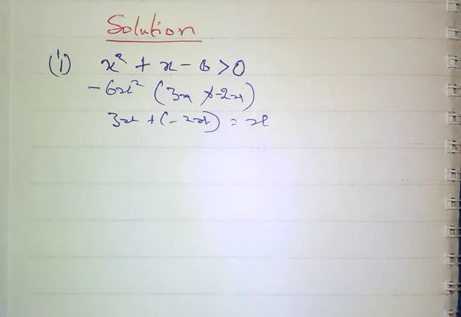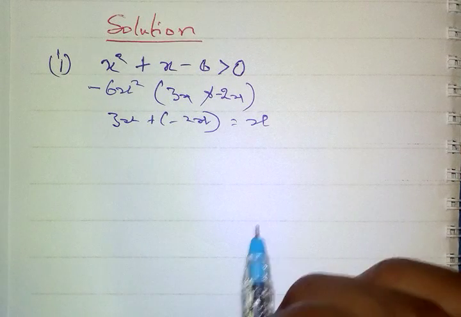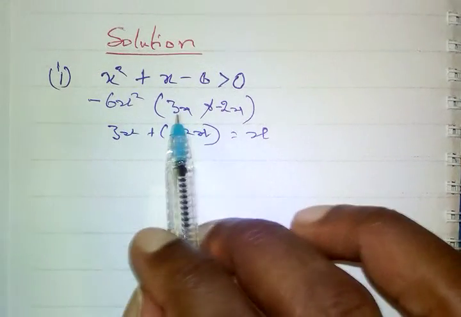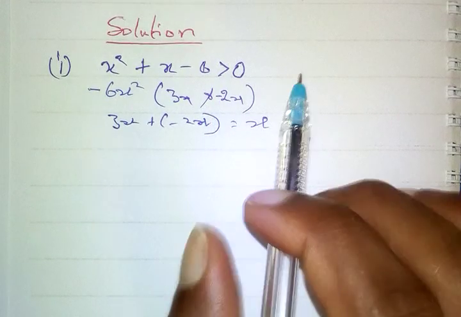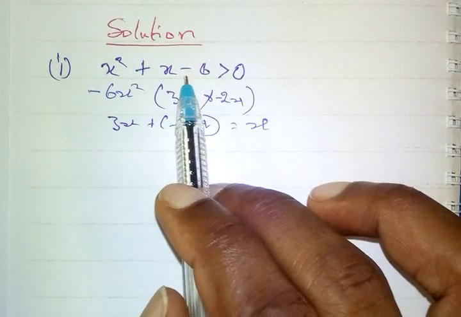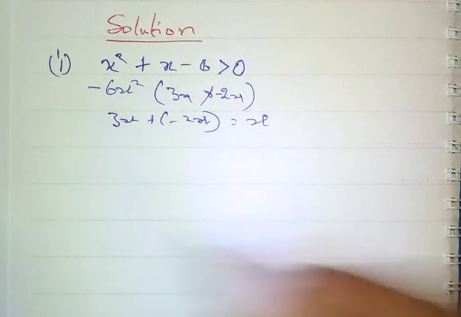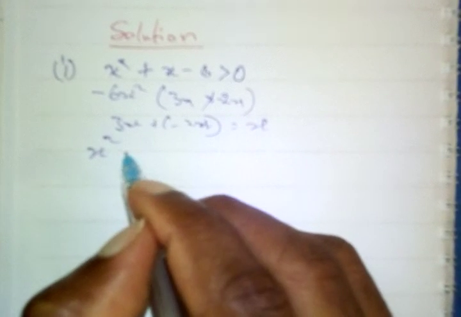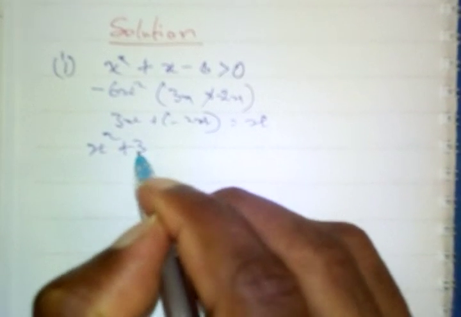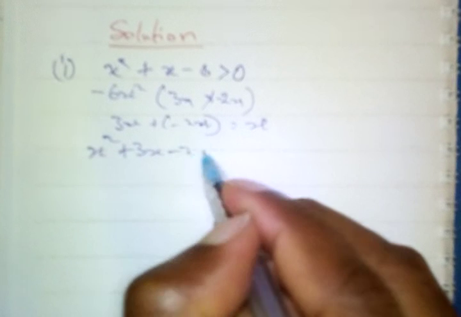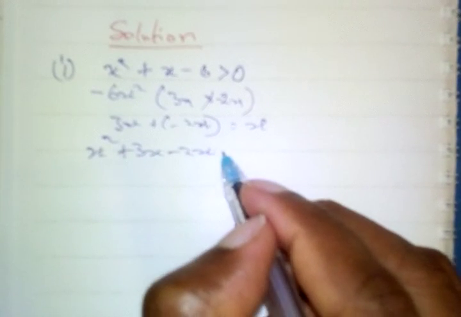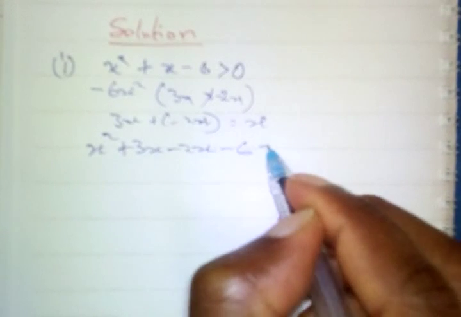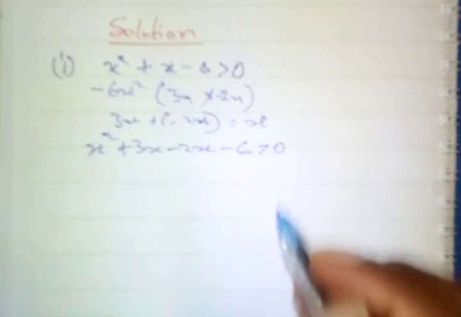So I will substitute in place of x the expression 3x minus 2x, so that my new equation is now x squared plus 3x minus 2x minus 6 is greater than 0.